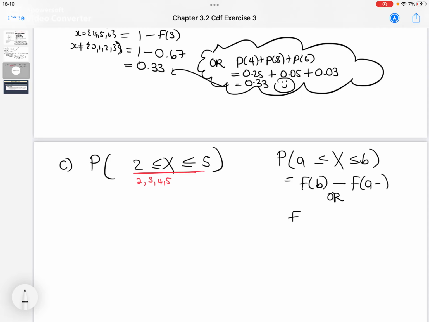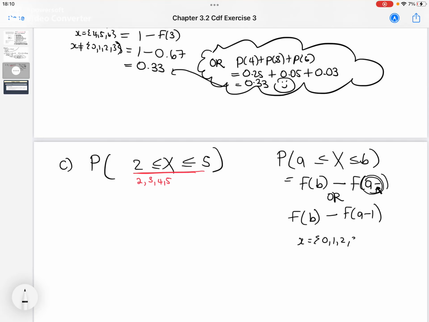for the specific scenario we have 1, 2, 3, 4, 5, 6, 7. We know that the probability of x greater than or equal to a and less than or equal to b is equal to F of b minus F of a minus 1. So remember this a minus here, it is the next lowest value, the value that is on the left hand side of a. So a minus is the value on the left hand side of a.